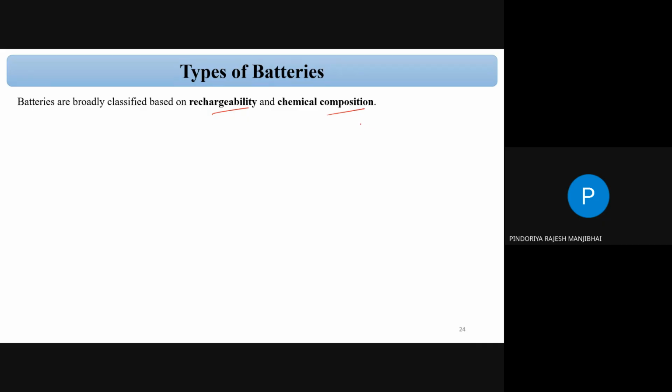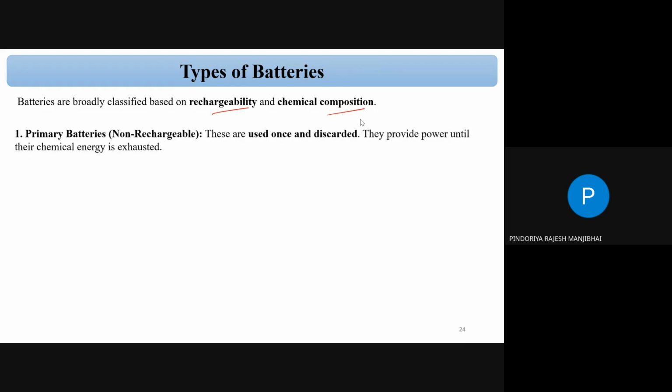Rechargeable batteries means we can recharge the battery, and nowadays we normally use rechargeable batteries, not the primary type. Primary battery is a non-rechargeable battery. These are used once and discarded. They provide power until their chemical energy is exhausted. So one time we can use and then we can throw it. That is your primary battery.